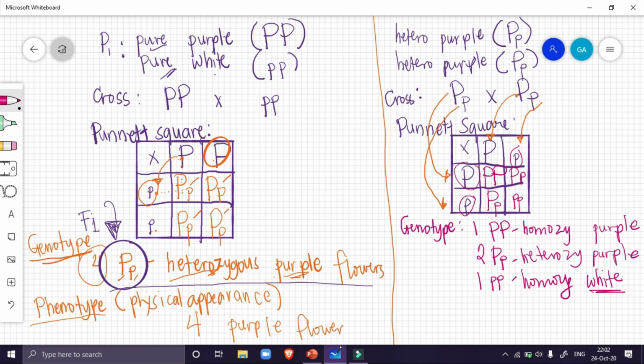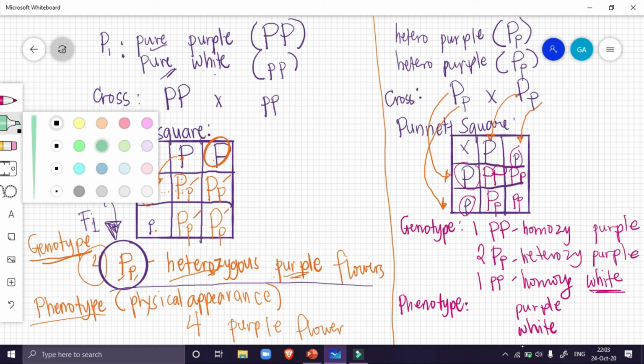Okay? Then, how about the phenotype? So, for the phenotype, again, it's the physical characteristics or physical appearance. We will disregard it kung homozygous ba siya or heterozygous. Kung ano yung traits niya, yun yung bibilangin natin. Again, meron tayong purple, meron tayong white. So, ilan yung purple natin? So, cover natin to.